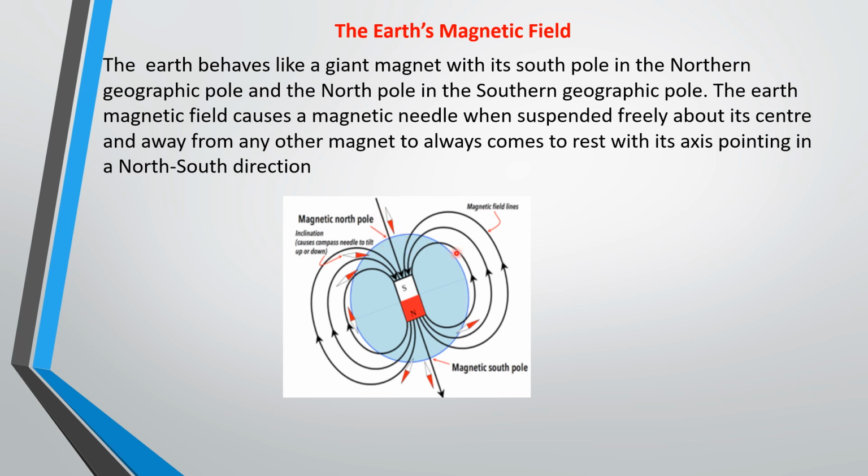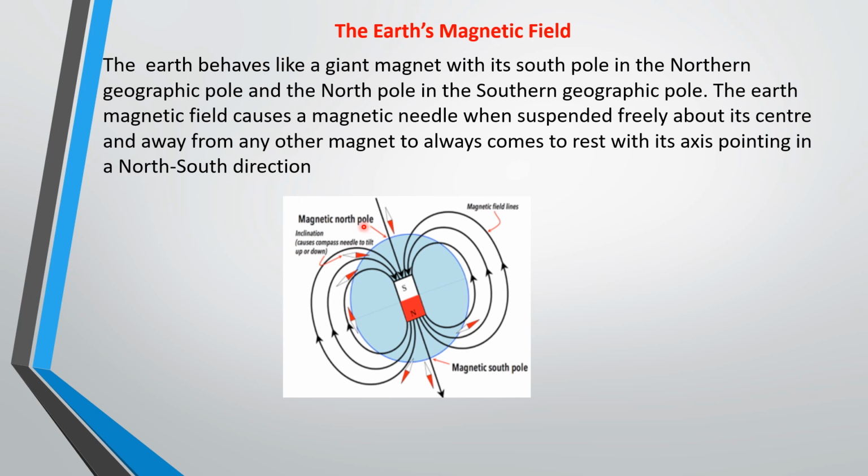If you have your compass to show you the cardinal point, you can use that to know the direction in which the needle will settle. But it does not actually settle straight, it settles at an angle to the Greenwich Meridian, at an angle to the geographic north. So this is just the behavior of the Earth that is described here.